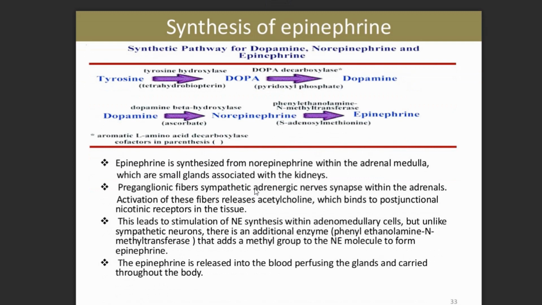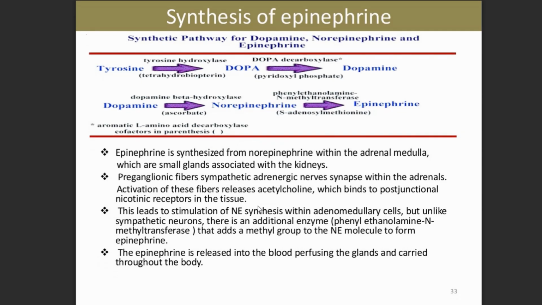Epinephrine is synthesized from norepinephrine. Preganglionic sympathetic fibers to the adrenal nerve synapse within the adrenals. When there is a depletion of norepinephrine, it will cause the stimulation of norepinephrine synthesis.